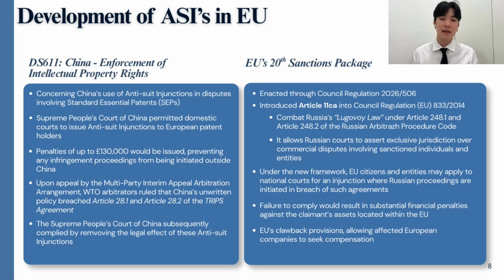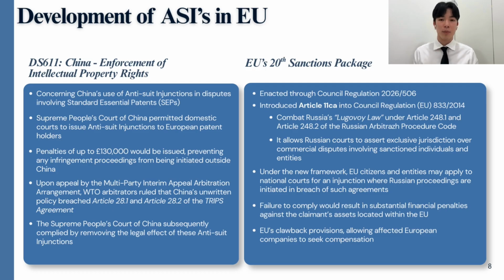This practice effectively deprived European innovators of their ability to enforce IP rights and pressured them into accepting licensing rates determined by Chinese courts. Following an appeal under the multi-party arbitration arrangement, WTO arbitrators ruled that China's unwritten anti-suit injunction policy breached Articles 28.1 and 28.2 of the TRIPS Agreement.